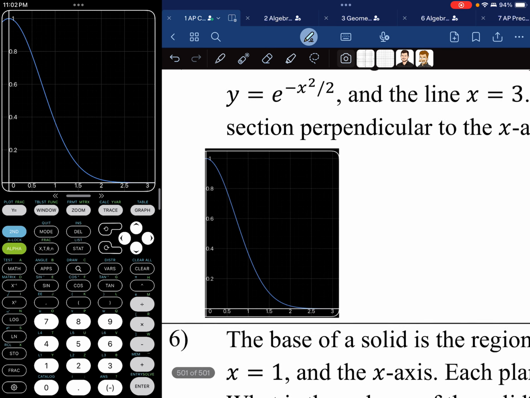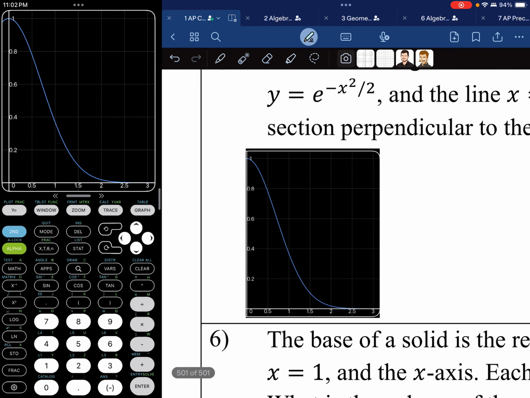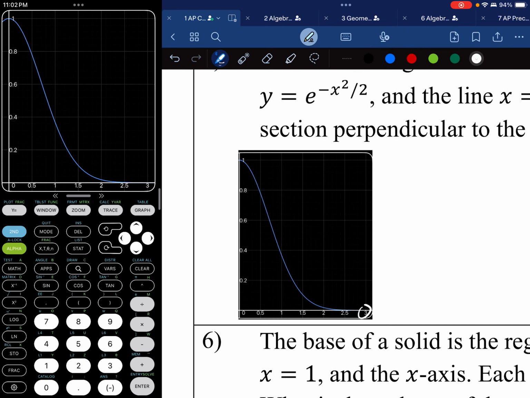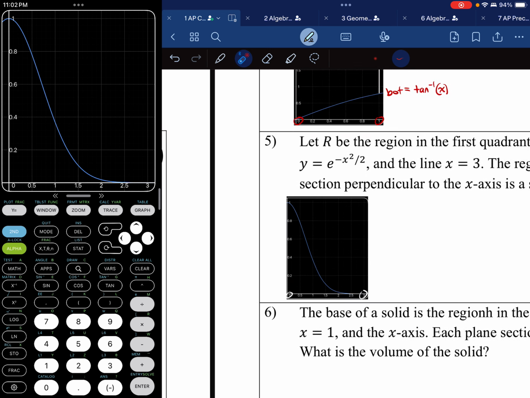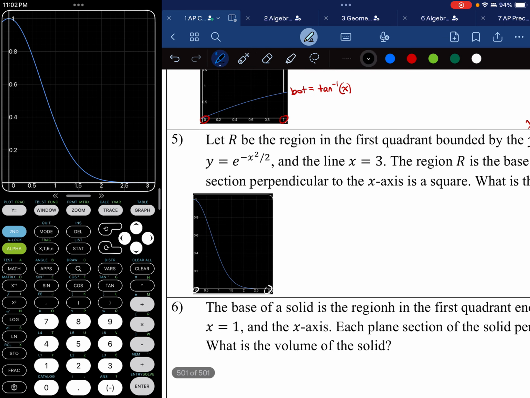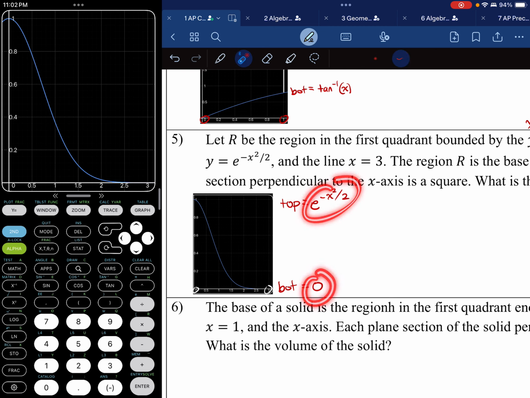So the area that I'm looking for goes from 0 to 3, so we have those pieces. And I'm just talking about this inner area right in here. So I have identified the top here is this e to the negative x squared over 2. The bottom, there is no bottom, so you can just say it's 0, and you don't have to worry about it, because if you do top minus bottom, saying minus 0 doesn't really do anything.